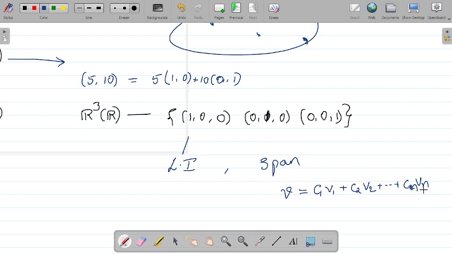When it comes to linear independence, it is there here itself.